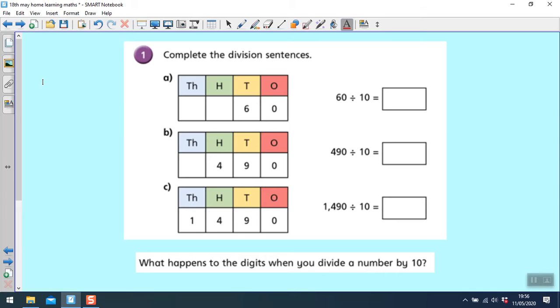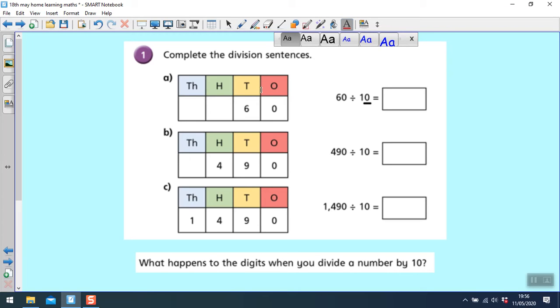Similar to yesterday, we're going to complete these division sentences. So we've got 60 divided by 10. Yesterday we discovered that if you multiply by 10, everything moves 1 place to the left because it's got 1 0. If you divide by 10, everything moves 1 place to the right.